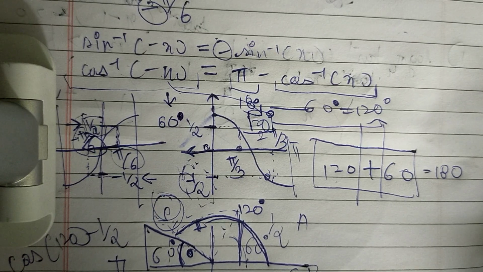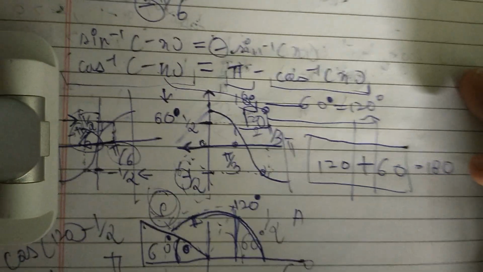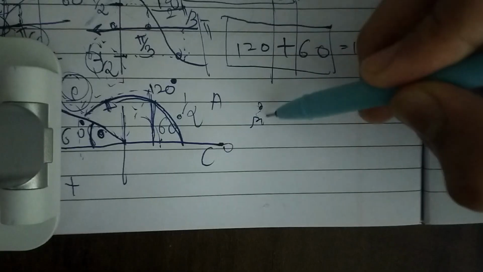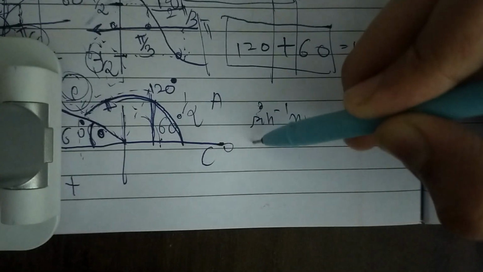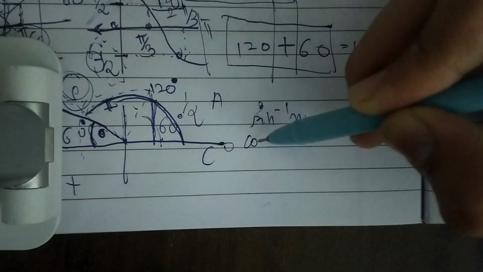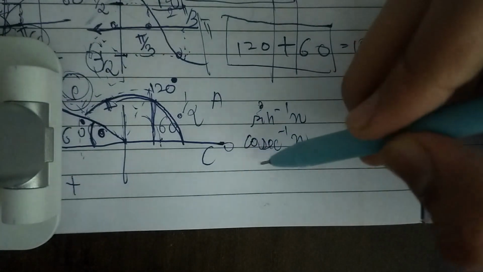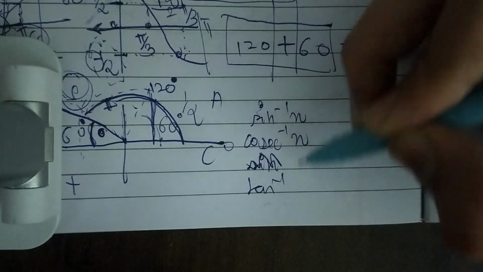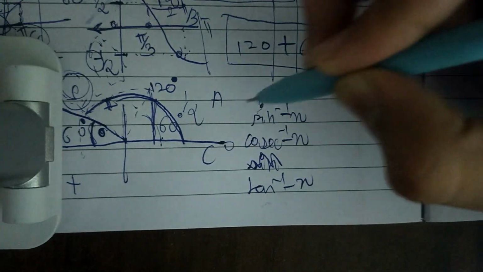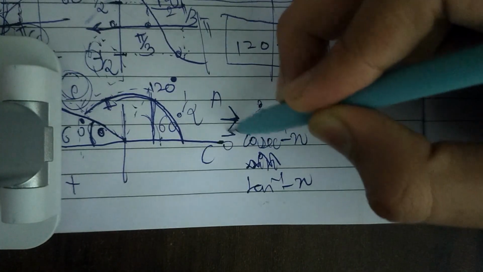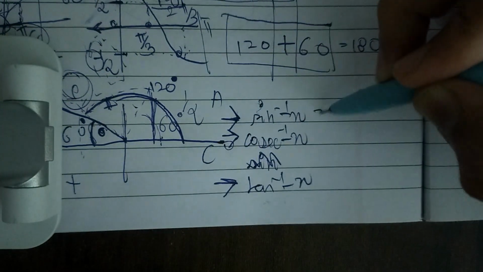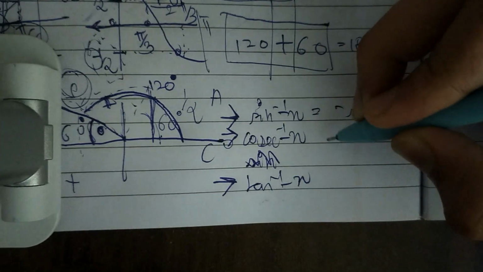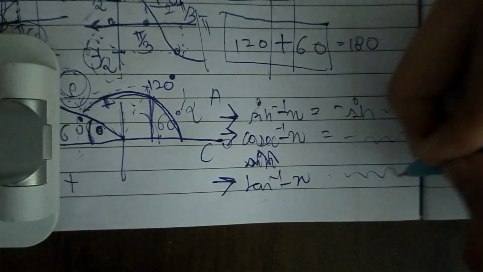The same logic is applied to all kinds of functions. An easy trick to remember this: sine inverse x, then 1 upon sine is cosec inverse x, sine upon cos is tan inverse minus x. So wherever sine is dominant, sine, 1 upon sine, sine upon cos, we always get a minus sine inverse, minus cosec inverse, minus tan inverse.